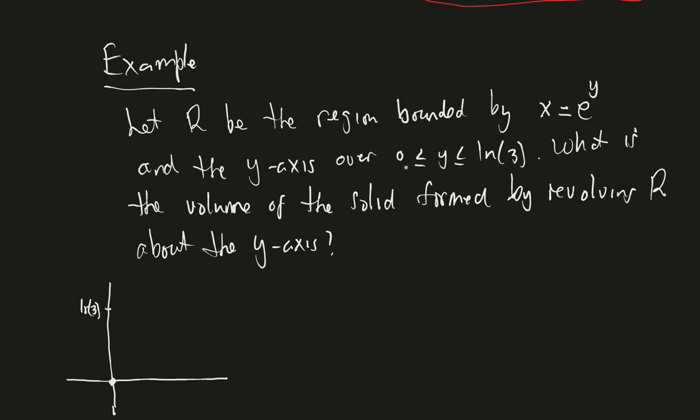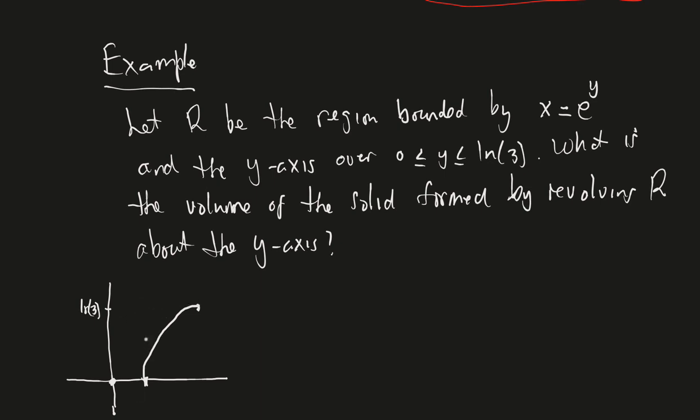Notice when y is equal to 0, x is equal to 1. So it starts here, and when y is equal to the ln of 3, x is equal to 3. So it's out here, and then it has that exponential shape like this, right?